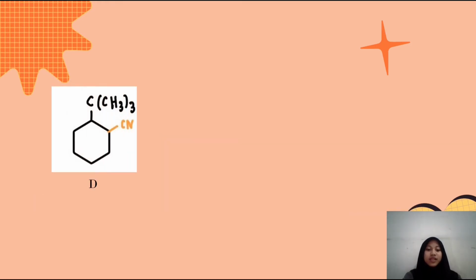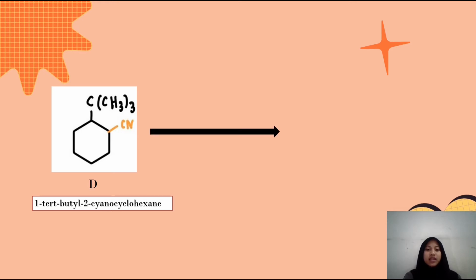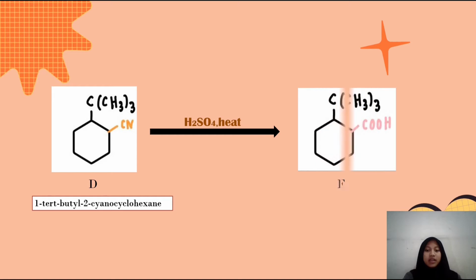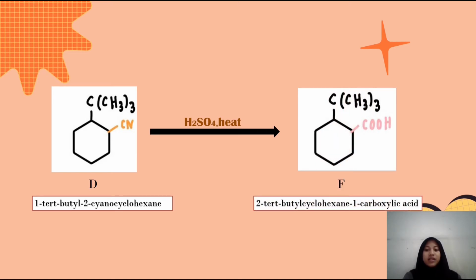Next, also structure D, 1-butyl-2-cyanocyclohexane, reacts with sulfuric acid with heat, producing structure F. The name for structure F is 2-butyl cyclohexane-1-carboxylic acid.